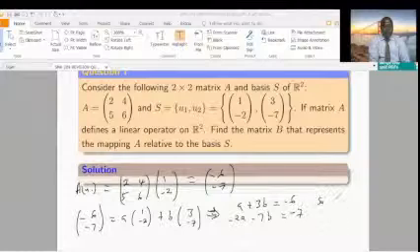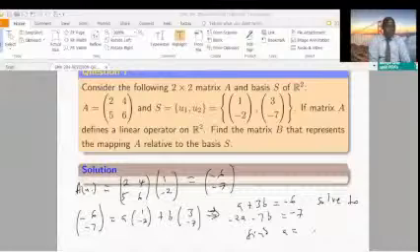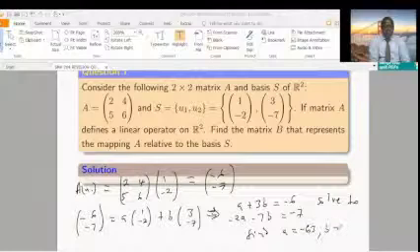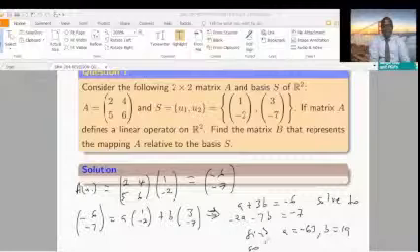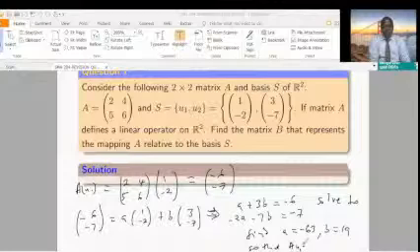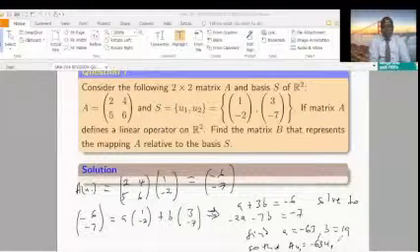When you solve this simultaneously, you will find A to be negative 63 and B to be 19. So that A of U1 is negative 63 U1 plus 19 U2.